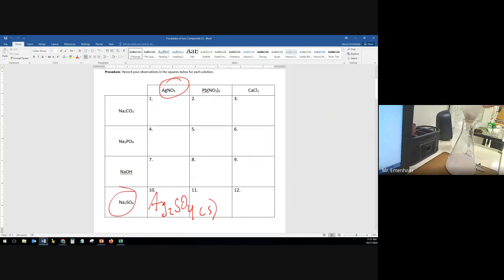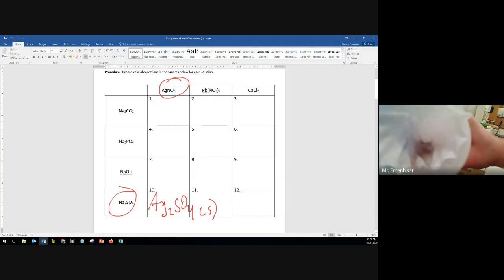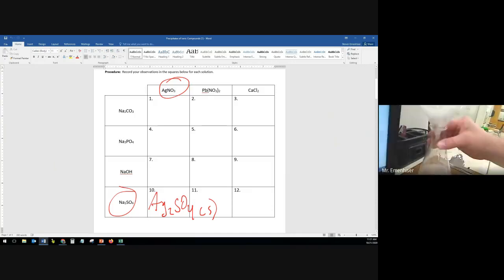I'm going to let that filter. And hopefully y'all can see the kind of purplish brownish color in there. Cool. All right, I'm going to let that sit. So number 10, you're going to go back in your bottle that's labeled.